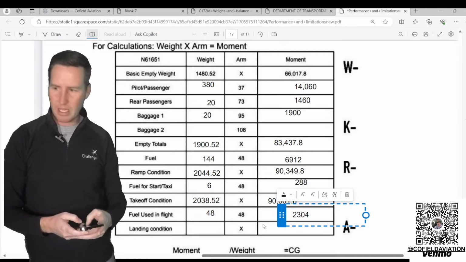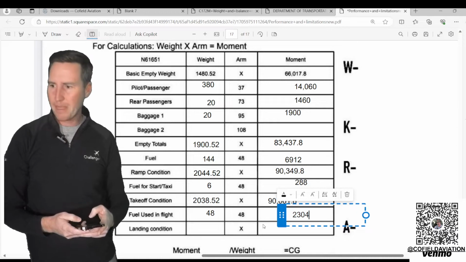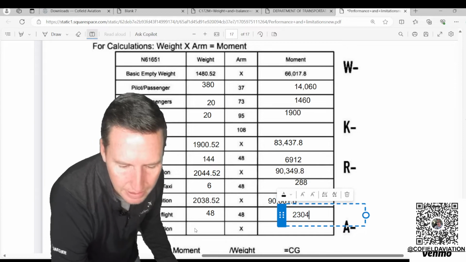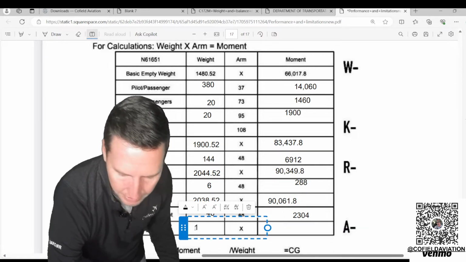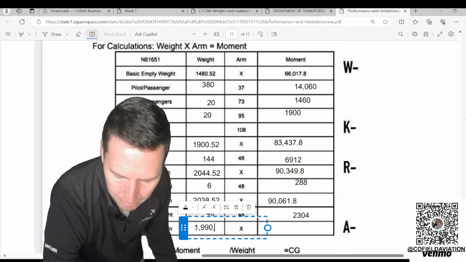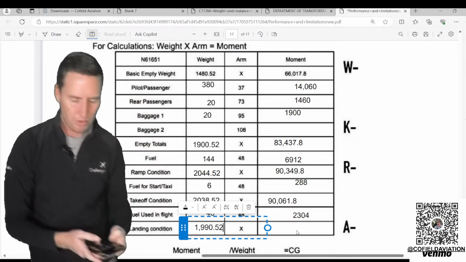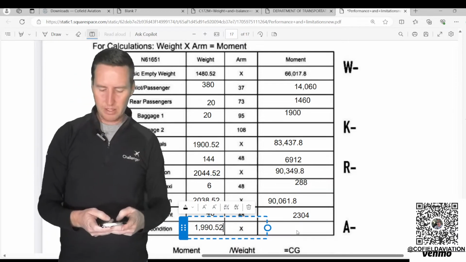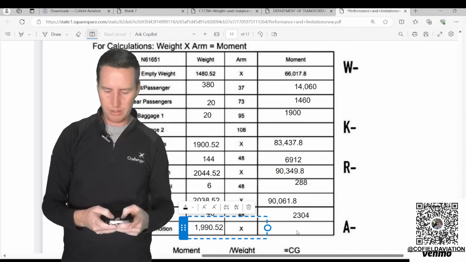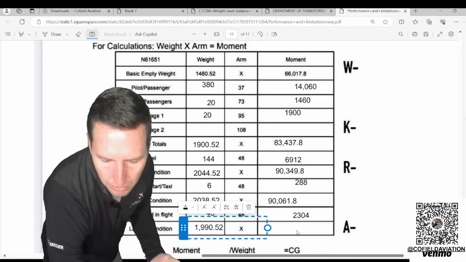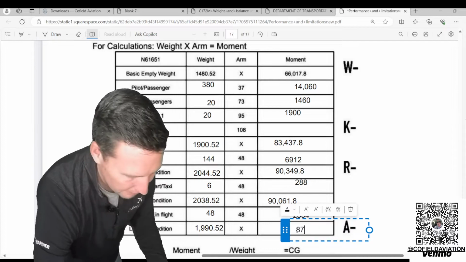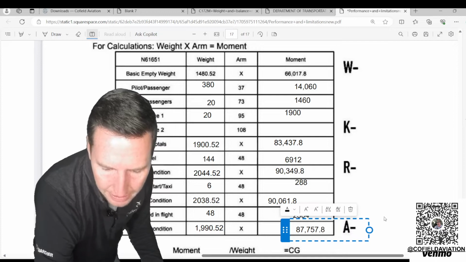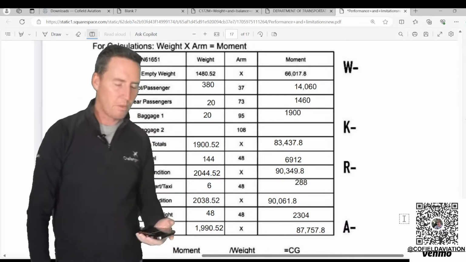So we've got 2038.52 minus 48 equals a landing weight of 1,990.52. And then we're going to do this minus this, so 90,061.8 minus 2304 equals 87,757.8, and we are done with the weight and balance.